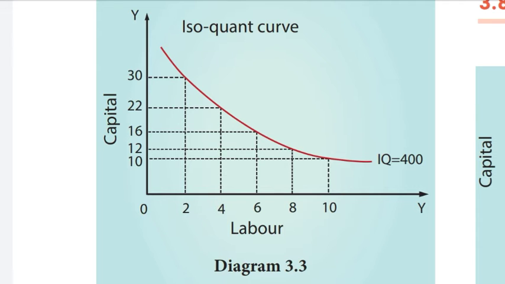The marginal rate of technical substitution of factor X, capital, for factor Y, labor, may be defined as the amount of factor Y, labor, which can be replaced by 1 unit of factor X, that is capital, the level of output remaining unchanged. Thus, the marginal rate of technical substitution is always declining. Hence, the isoquant is always convex to the origin. The slope of the isoquant represents the marginal rate of technical substitution.